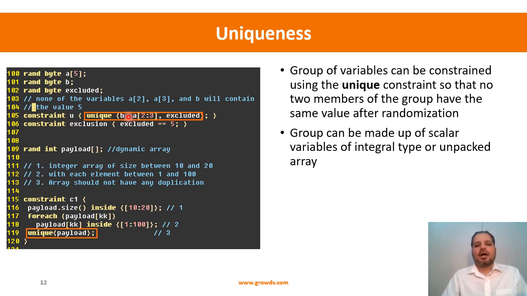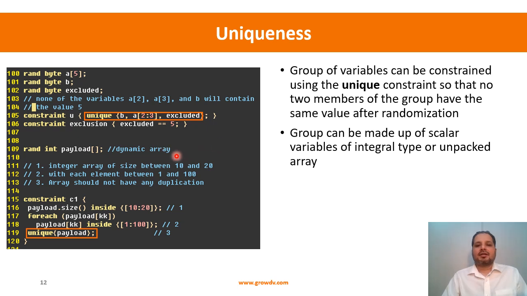Now when I put this unique, it means that b and a of 2 and 3 have to be unique by themselves. That is the first thing, and they also cannot take a value of 5. So the value of 5 is gone. The constraint solver will satisfy this, saying these variables, b and a[2:3], cannot take a value of 5, and among them they also have to take different values. That's what this particular constraint means.